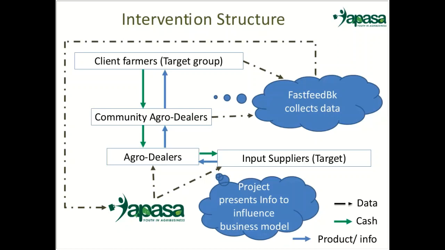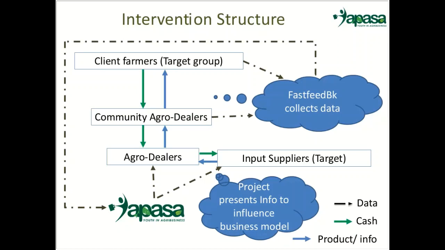And these community agro-dealers then sell off these inputs to the clientele, the target group, the farmers in the communities, the smallholder farmers. So then our fast feedback collects data from community agro-dealers and the target group, the client farmers. And this information is then collected by YAPASA and fed back to the input suppliers.